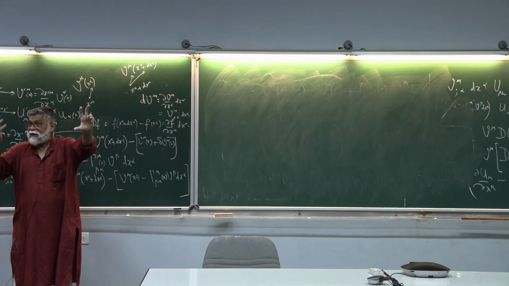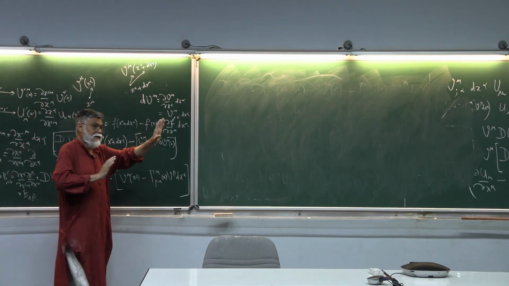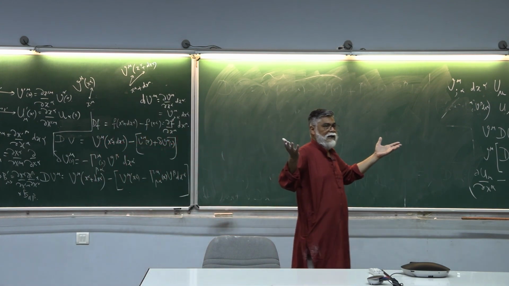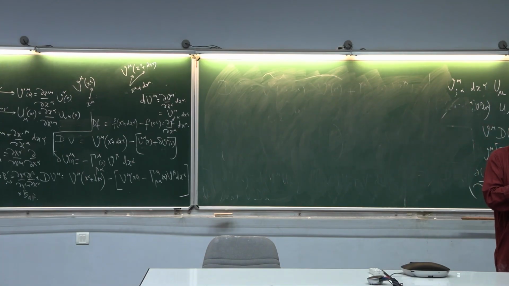But this has nothing to do with space-time geometry. So whenever someone says that gauge theory is a geometrical formulation of other interactions, you have to remember it's geometrical in the sense of the internal space. It is nothing to do with space-time geometry.